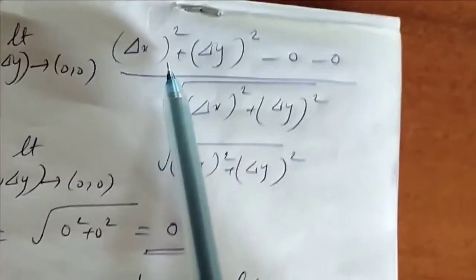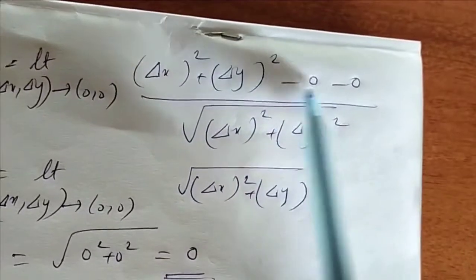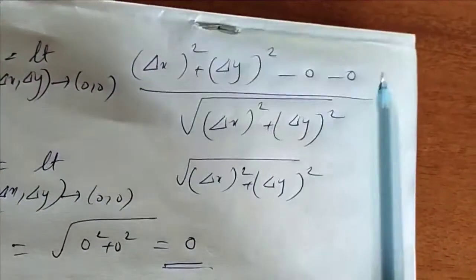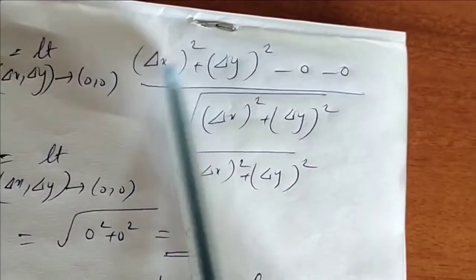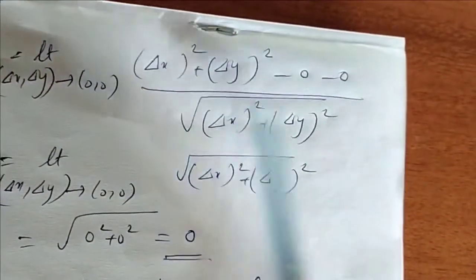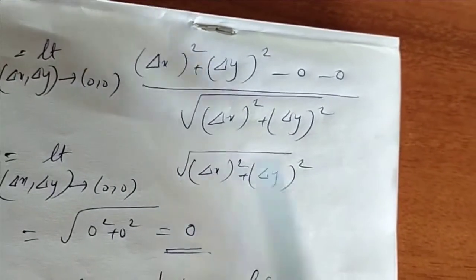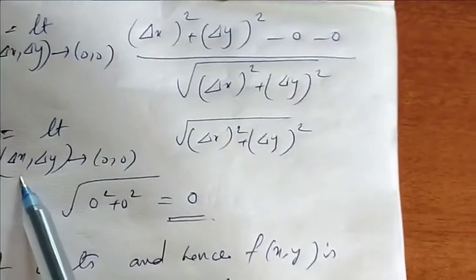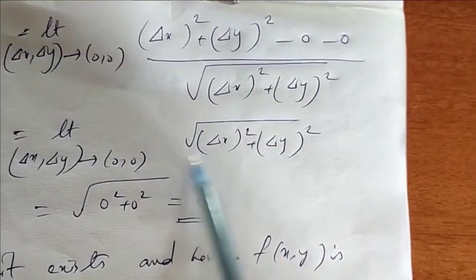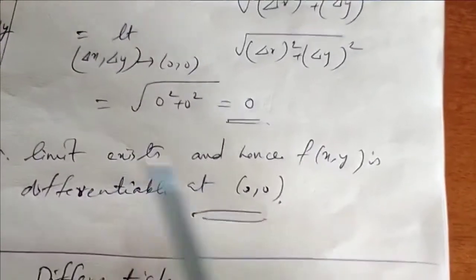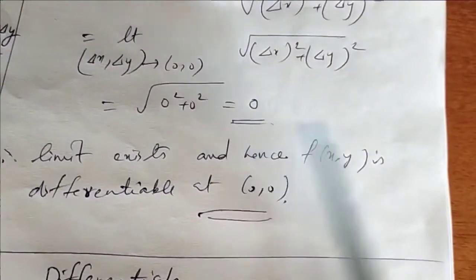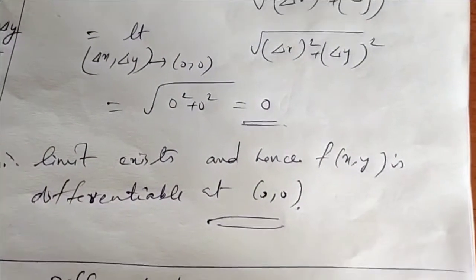Substituting in the formula, we get (Δx)² + (Δy)² minus 0 minus 0, since fx is 0 and fy is 0, divided by the square root. So this is some term divided by the square root of that term. So the limit as (Δx, Δy) tends to (0, 0) of the square root of (Δx)² + (Δy)² is 0. So the limit exists and it is 0, so f(x, y) is differentiable at (0, 0).